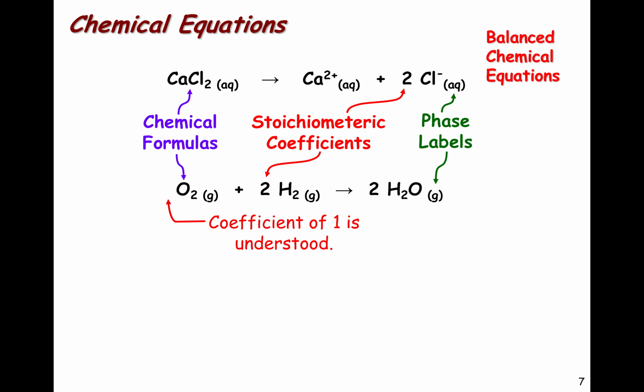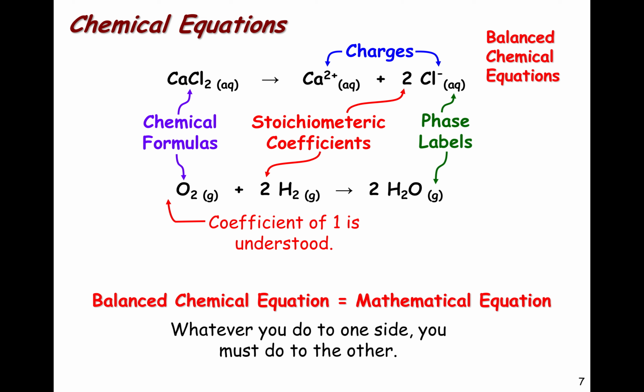In addition to that, we also have additional information associated with the phase of the various species. These appear as letters that are in parentheses just to the right of each of the formulas. In addition, whenever we have ions, we have to make sure that we have the charges of the various ions, and we also have to notice that in this case the amount of charge present on both the reactants and the product side, just like the number of atoms on the reactants and product side, they have to equal one another.